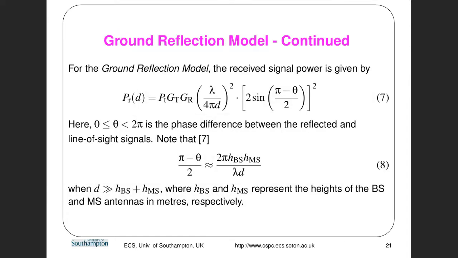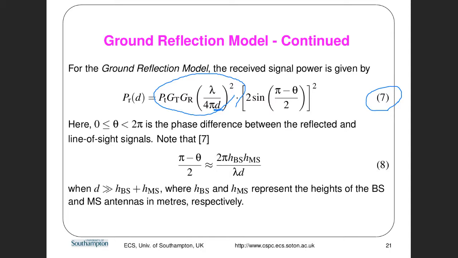So if we interpret that effect by equations, we arrive at equation 7, which is constituted by two parts. The first part is the same as before, which is the free space path loss. So it's only related to distance.